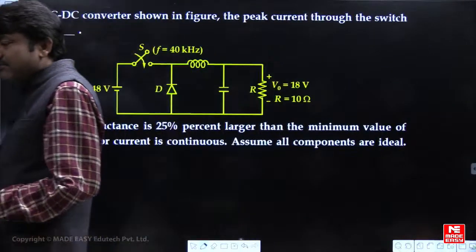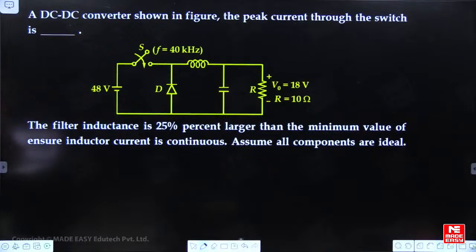Tell me what type of DC to DC converter it is. Is it buck converter or boost converter or buck boost? Just convey the message to me what type of converter it is. Yes, make it fast. Yes, buck converter. Try to solve this question.